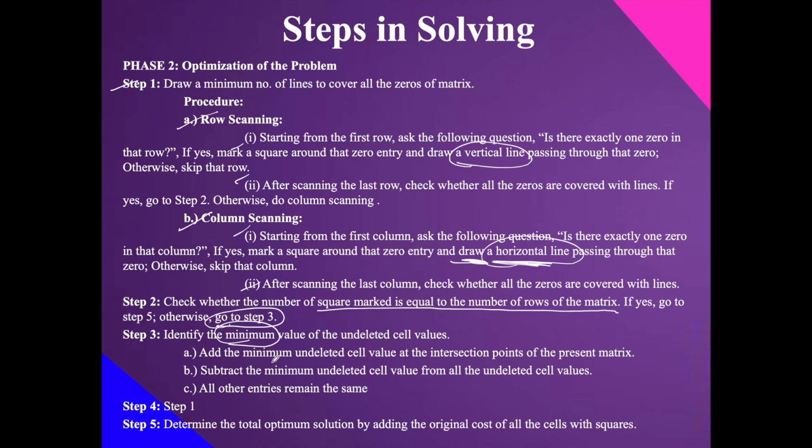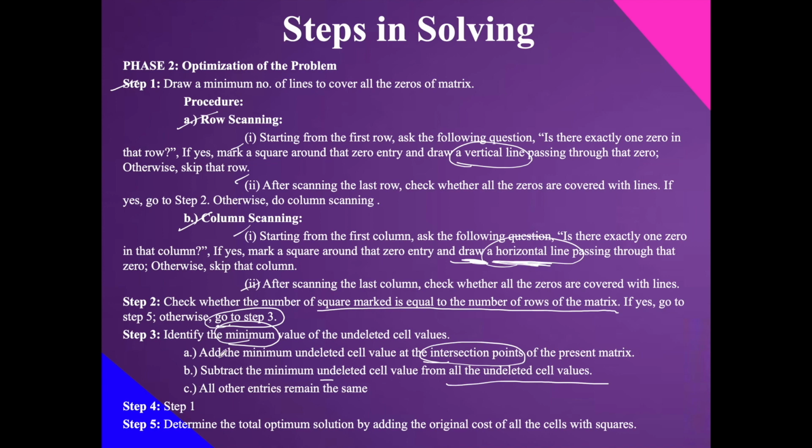Sabi dito, add the minimum undeleted cell value at the intersection points. Take note, at the intersection points of the present matrix. Sa intersection, i-add. Pero isusubtract naman siya sa lahat ng undeleted cell values.